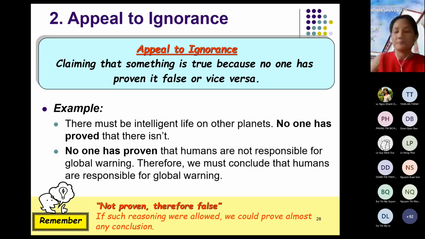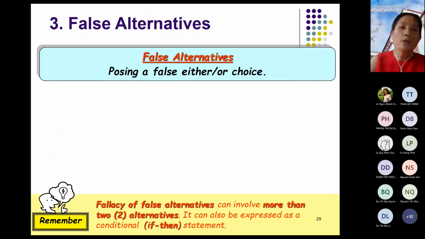Okay? Then the third one, the name of the fallacy is false alternatives. And this kind of fallacy happens when we pose a false either-or choice. So look back to the 11 types of arguments that we learned in chapter 3. What is the name of the argument that easily falls into this mistake at first?